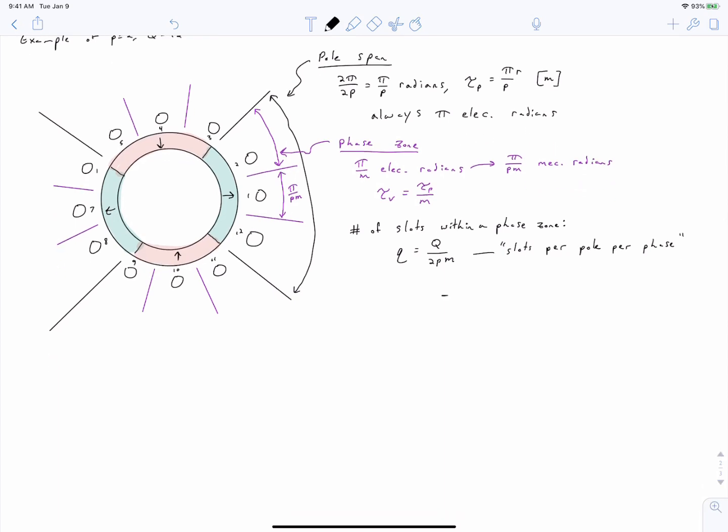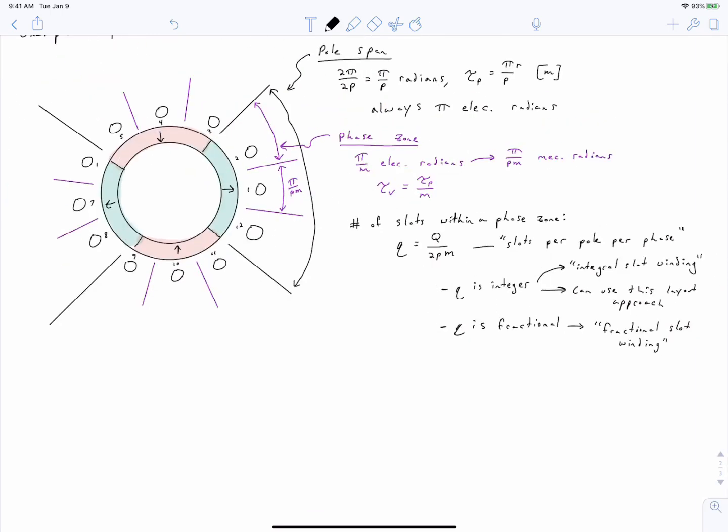And this is actually how you classify motors. So if q is an integer, it's called an integral slot motor. And that is when this layout approach works. If q is a fraction, we say that we have a fractional slot winding. And in that case, you need to use a more advanced layout approach, which we'll talk about later.